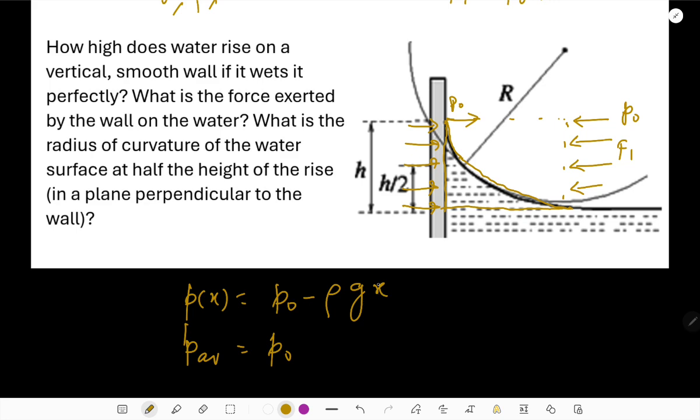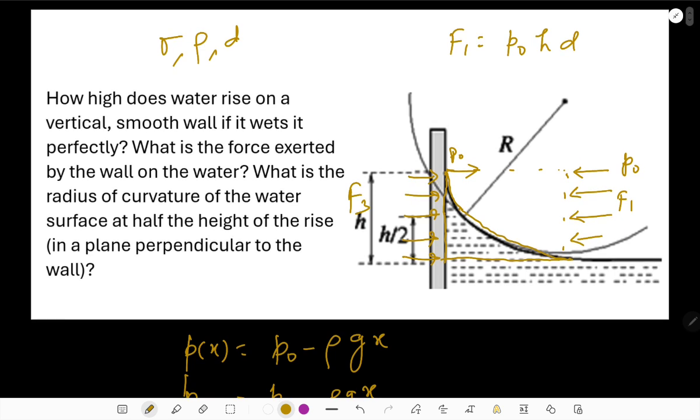Then rho g x: rho g can be taken out, and x can be averaged from 0 to length x, and its average value is going to be x by 2.